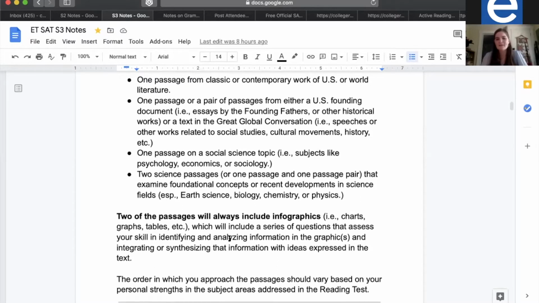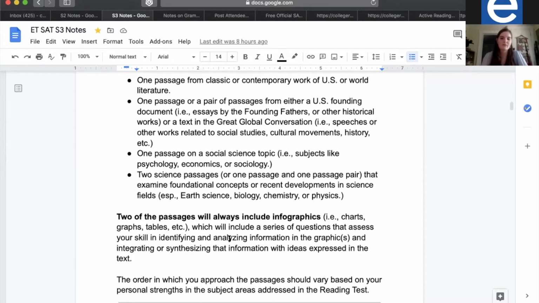Those are things like speeches or things related to social studies, cultural movements, history, all of the kinds of things that you would see in your social studies class. Those tend to be the humanities-related kinds of things you're dealing with. Then one passage on social science topics, things like psychology, economics, sociology.